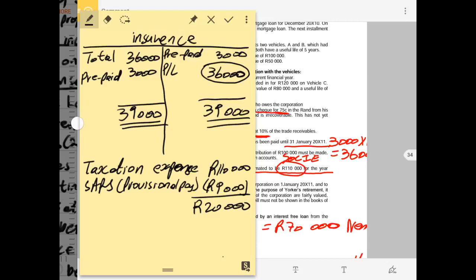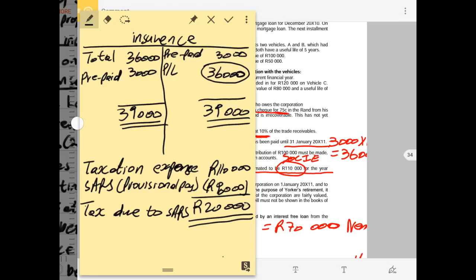So now we paid 90,000 rands instead of 110,000 rands. So that means the difference is tax due to SARS of 20,000 rands.